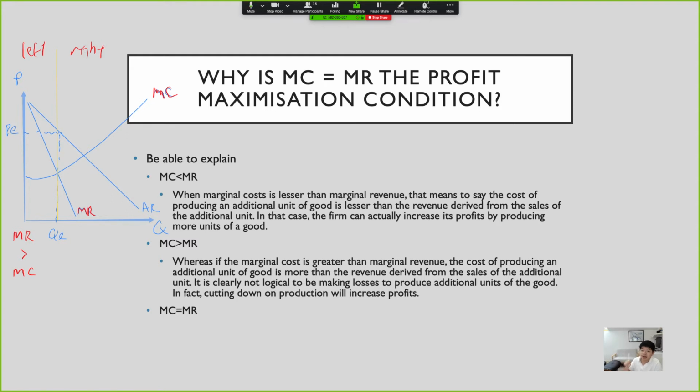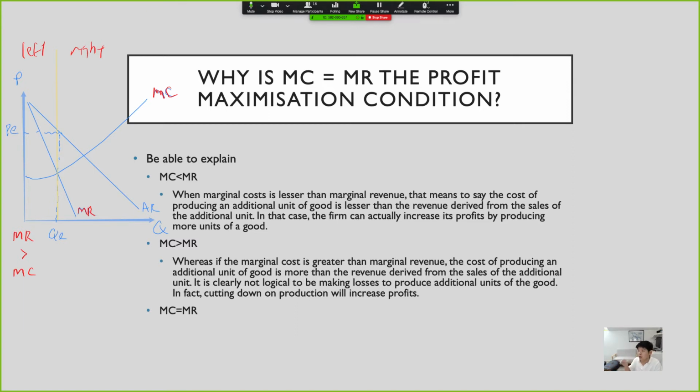That means every extra unit that I produce, I am making losses, because it costs me more to produce that one extra unit than the money I get for it. My marginal cost is greater than marginal revenue. In that case, in order to make less losses, I should cut back on my production.